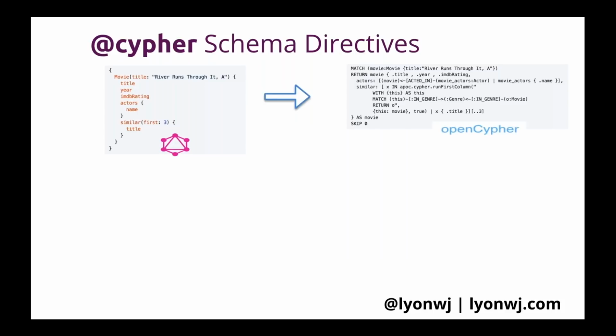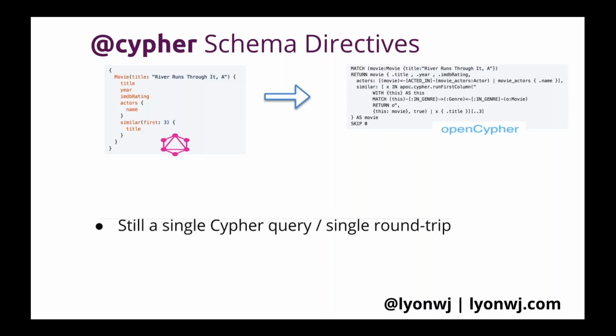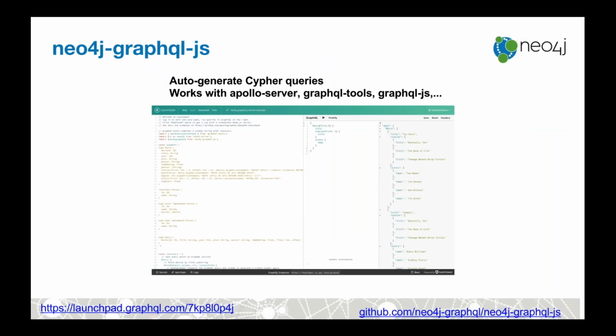So in this case, if we add the similar field onto our GraphQL query where we're searching for River Runs Through It, we're grabbing some fields including similar movies, well then our Cypher query for finding recommended movies just is executed as a subquery of our single Cypher query that we're generating.